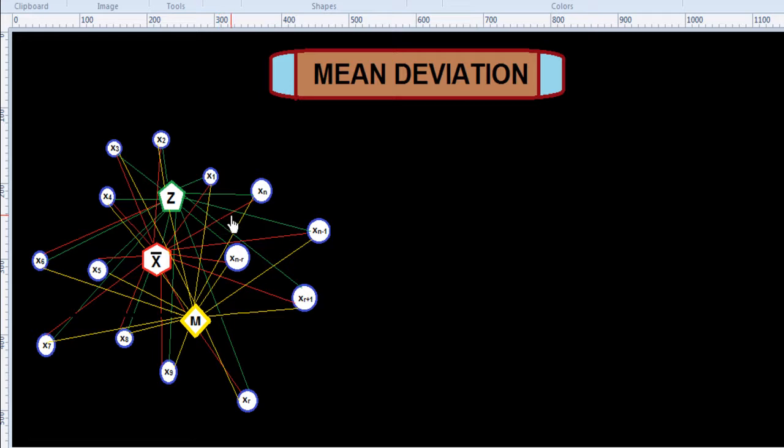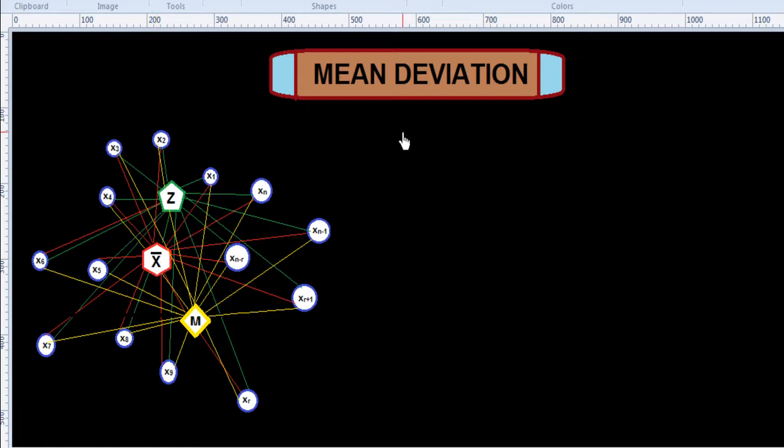This is the deviation of each term from the mean: X1 minus X bar, X2 minus X bar, X3 minus X bar. On the number line, we have to take the positive value because we are taking this deviation as a distance of the term from the mean. So we always take the absolute value of this deviation.